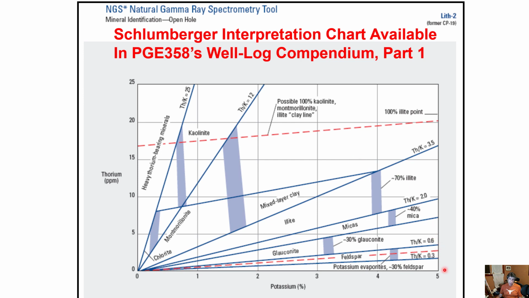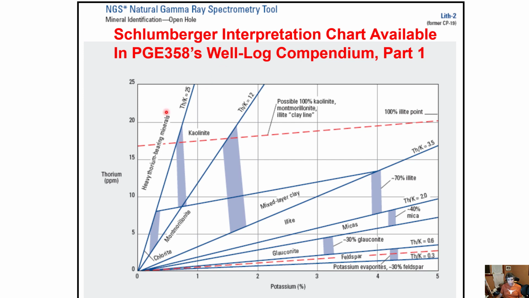So whenever your point lands outside this plot, in other words, when the potassium is higher than 5 or thorium is higher than 25, those values are not very commonly found in clay minerals. So that's an abnormally high point, and it will indicate that you have abnormal grain compositions.